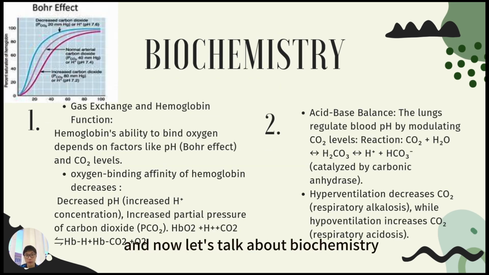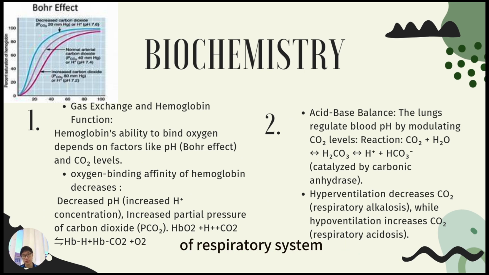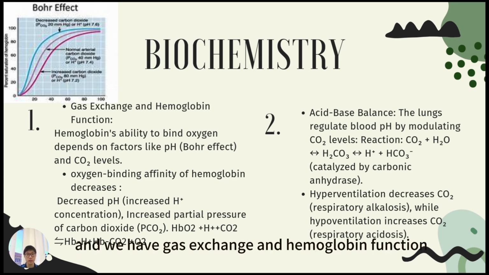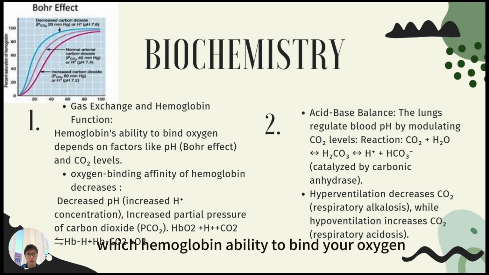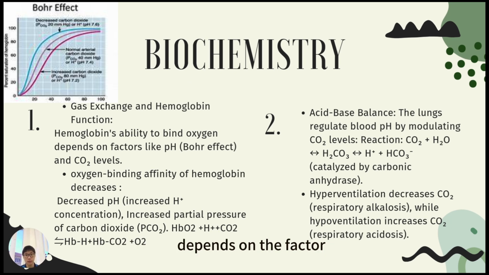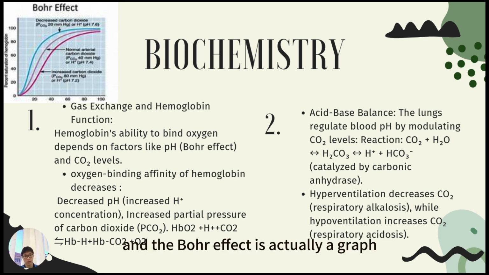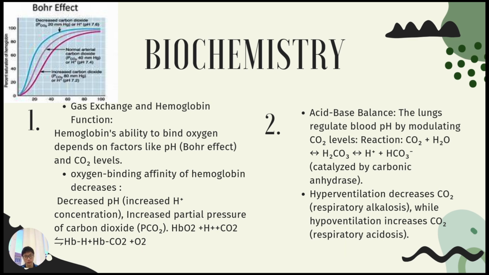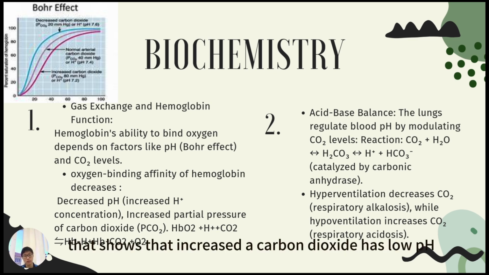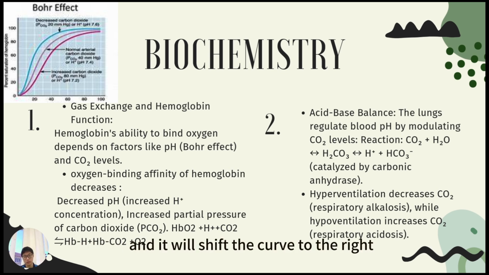And now let's talk about biochemistry of respiratory system. We have gas exchange and hemoglobin function, where hemoglobin's ability to bind with oxygen depends on factors like the Bohr effect and CO2 levels. And this is the Bohr effect graph. The Bohr effect shows that increased carbon dioxide, low pH, and high temperature will shift the curve to the right to promote oxygen release to tissues.